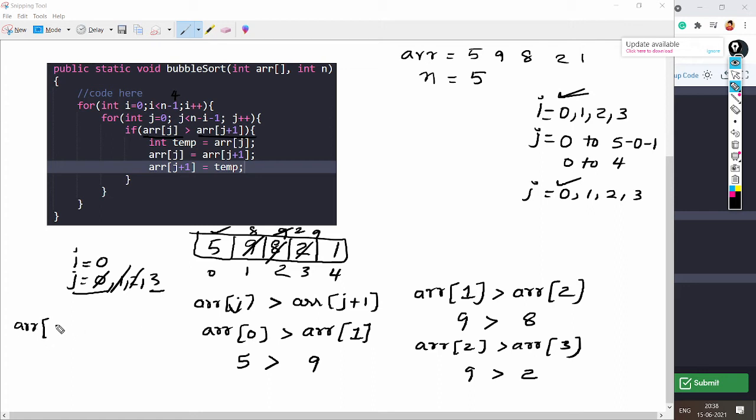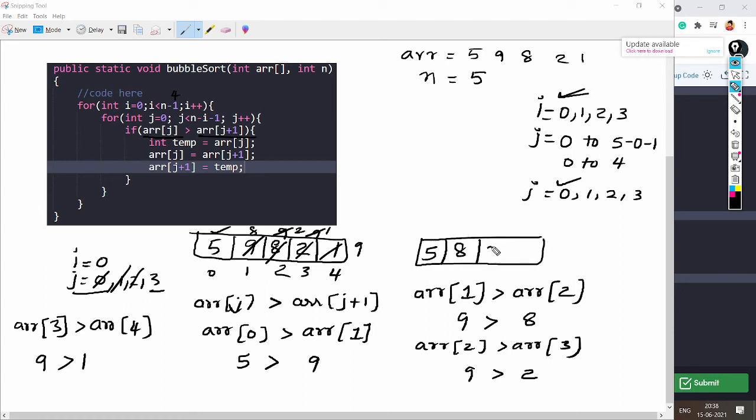Array of 3 is 9 and array of 4 is 1. Is 9 greater than 1? Yes, so swapping occurs. In place of 9 we get 1 and here we get 9. After the first iteration my total array will be 5, 8, 2, 1 and 9.